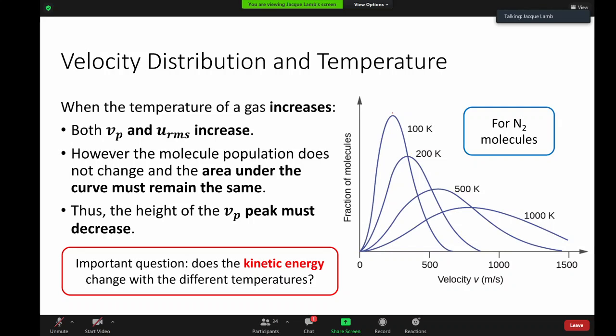As the temperature increases, the peak shifts to the right and the height of the peak comes down, and the area stays the same, but the curve broadens. So you end up getting a variation of the curve that looks something like this. This is all nitrogen at different temperatures.